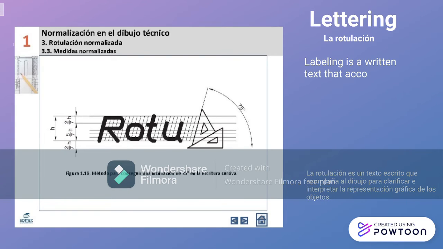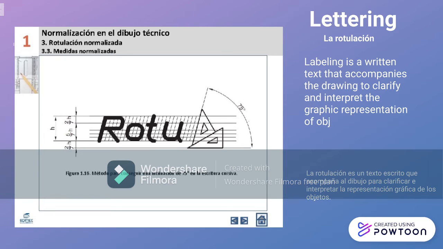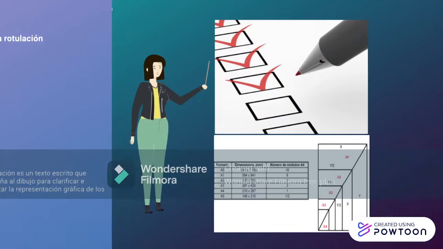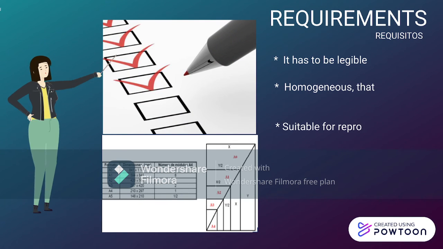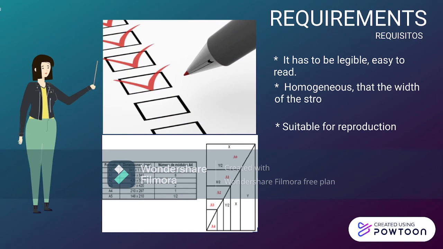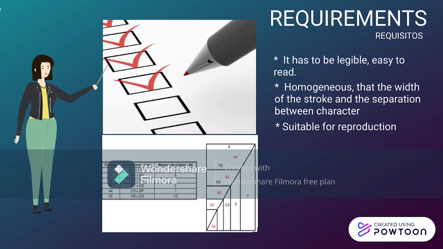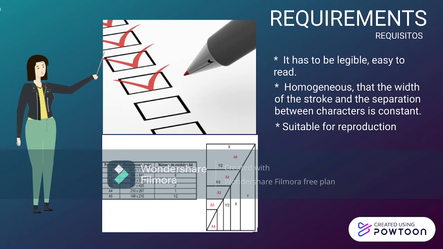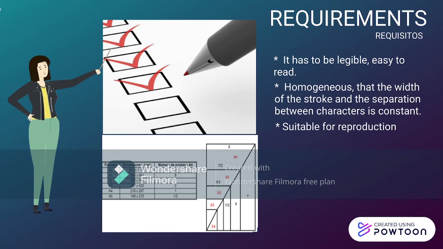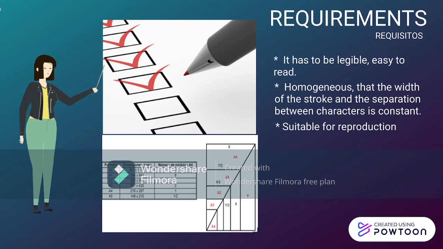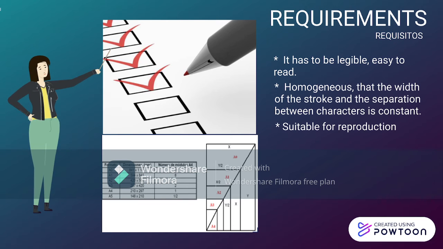Lettering is the text that accompanies the drawing to clarify and interpret the graphic representation of objects. Requirements: it has to be legible, easy to read, homogeneous, with constant stroke width and separation between characters, and suitable for reproduction.